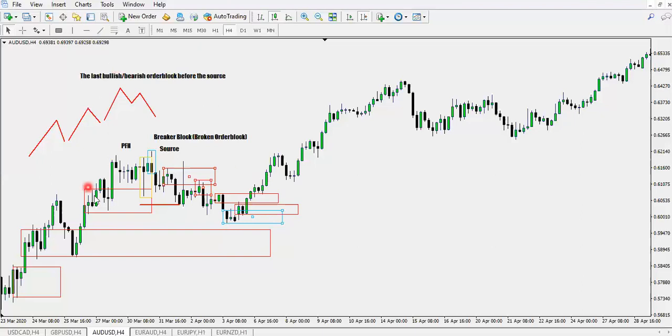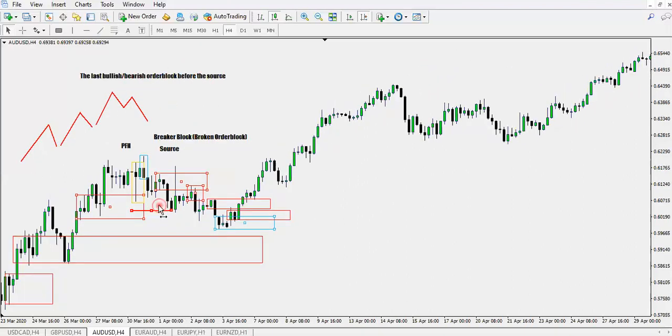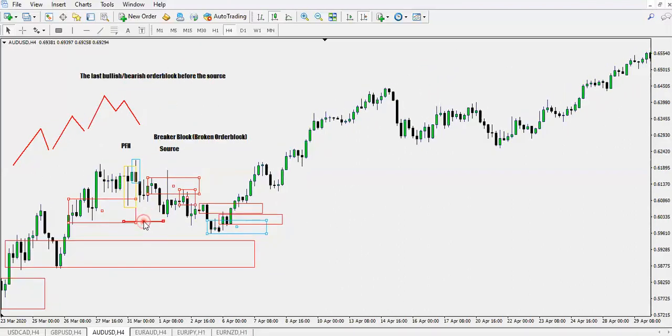Notice how price then came and closed on that candle over there. This candle closed outside of our previous last bearish order block before our source was created. So here is our bearish order block. We created the source.